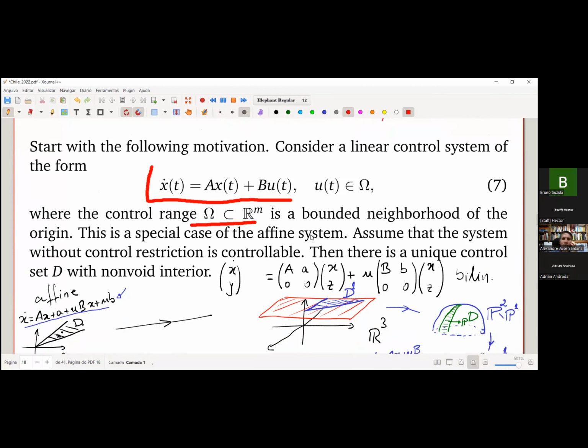And we will assume that this control system is controllable if you take U in all Rm. So assume that the system without control restriction is controllable. This means that this system is controllable if you do not restrict to a subset.